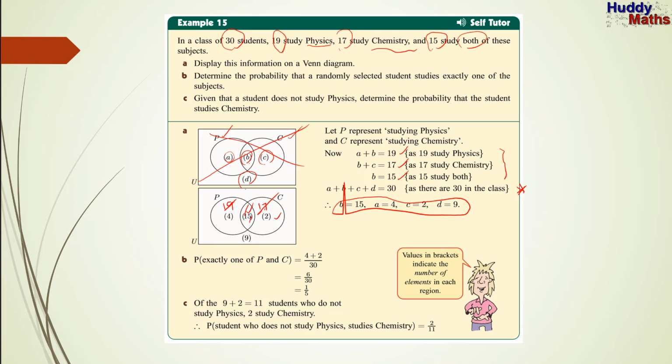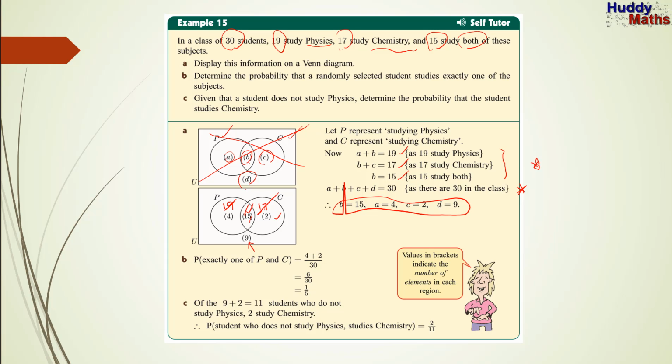And then overall, if you add this up, 4, 15, 2, that's 21, so 9 out of the 30 don't study either of those two subjects. Okay, so I think the crossing out method is easier to do than this thing over here at this stage.